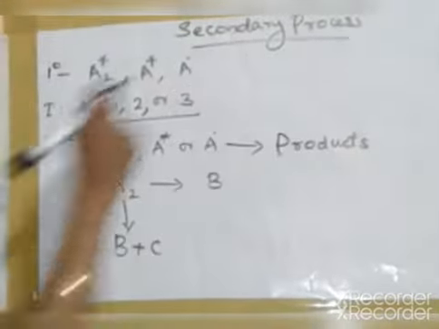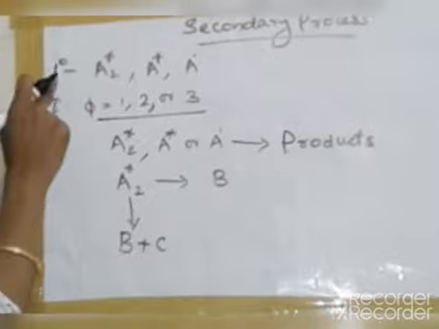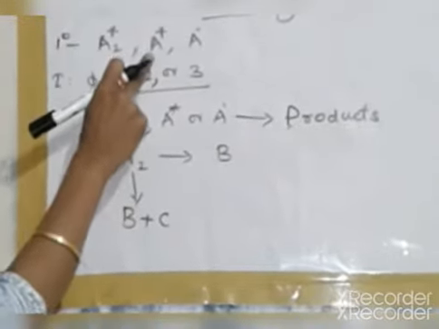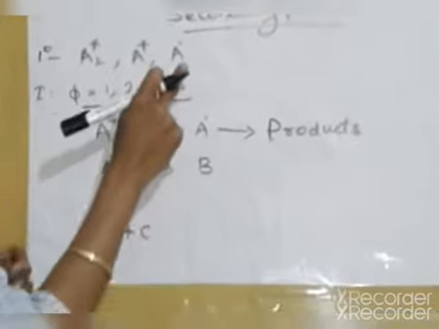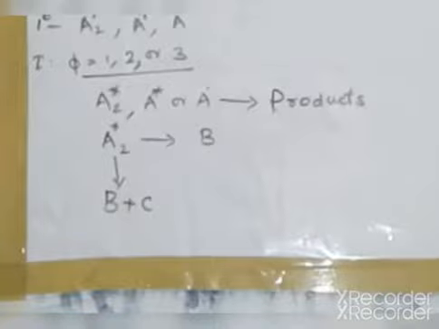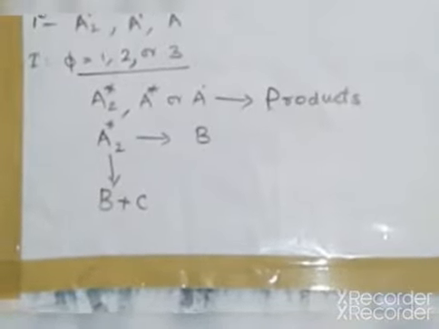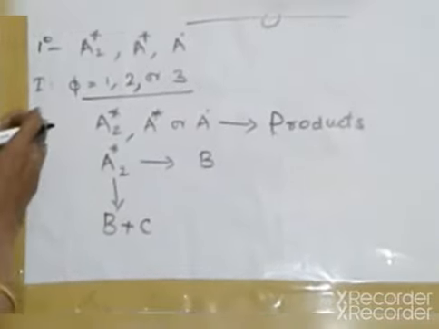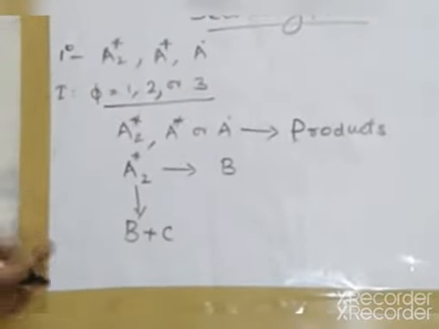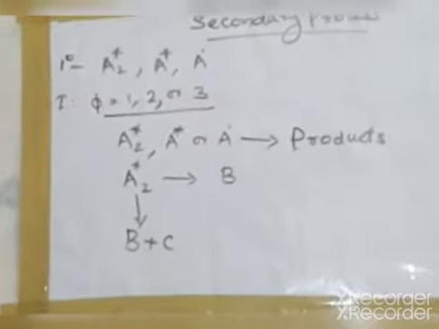Then the secondary process: from the primary process we get excited molecules, excited atoms or free radicals. We can explain why different reactions have different phi values by considering the secondary process.